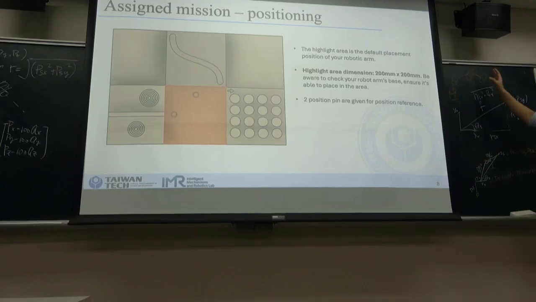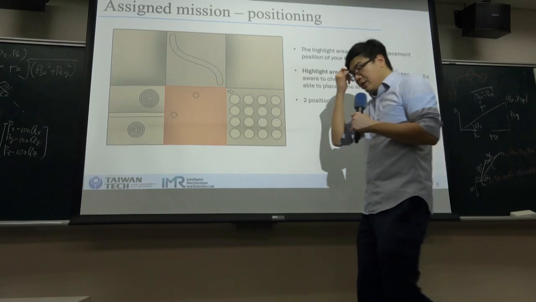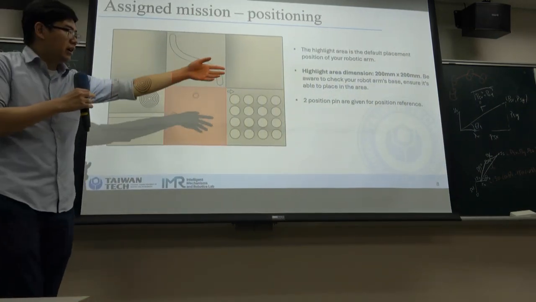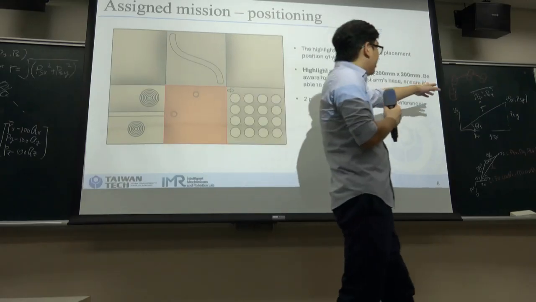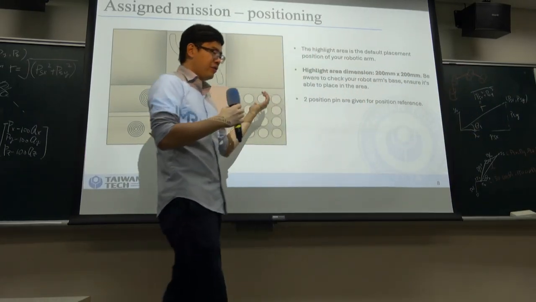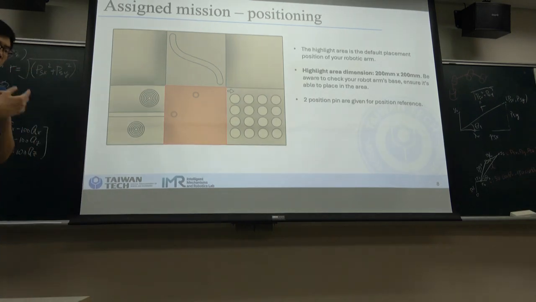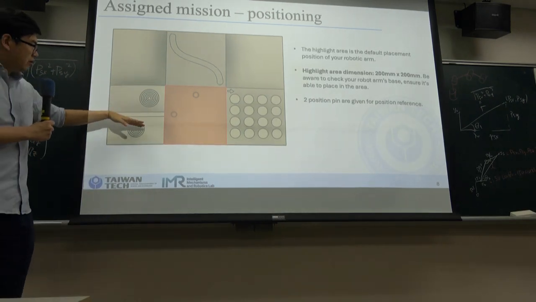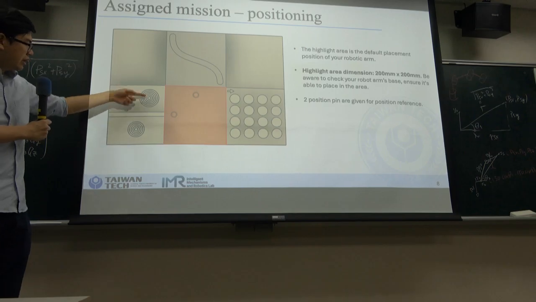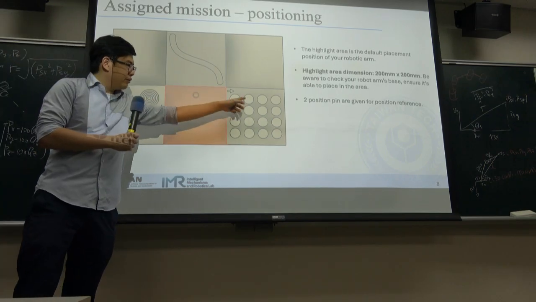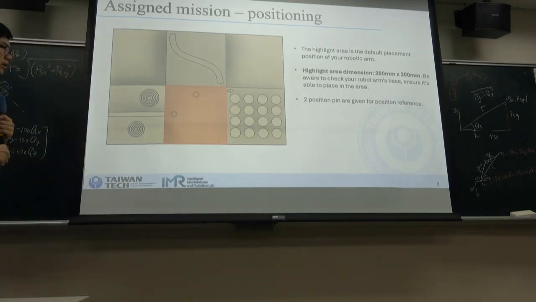This is something you need to discuss with your teammates. After you have done your design, you need to calculate the kinematics modeling of the robots, and make sure that you know how to reach these 2 points, do the curve, and do the path planning.